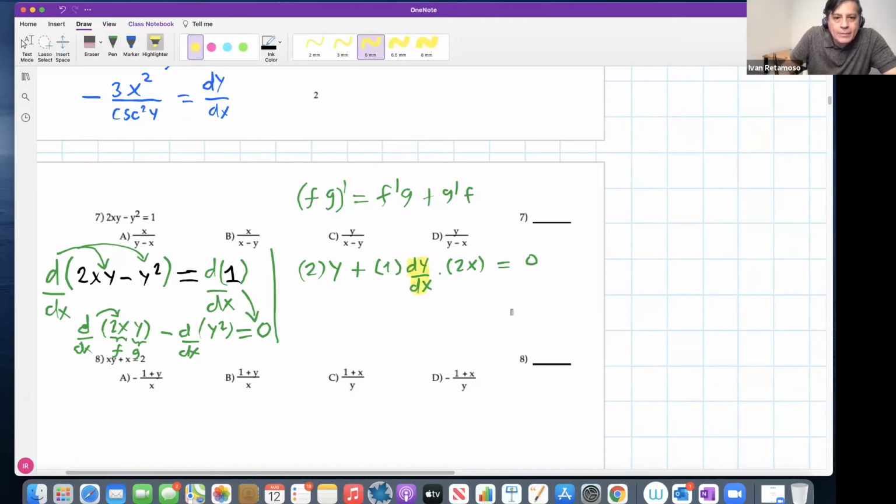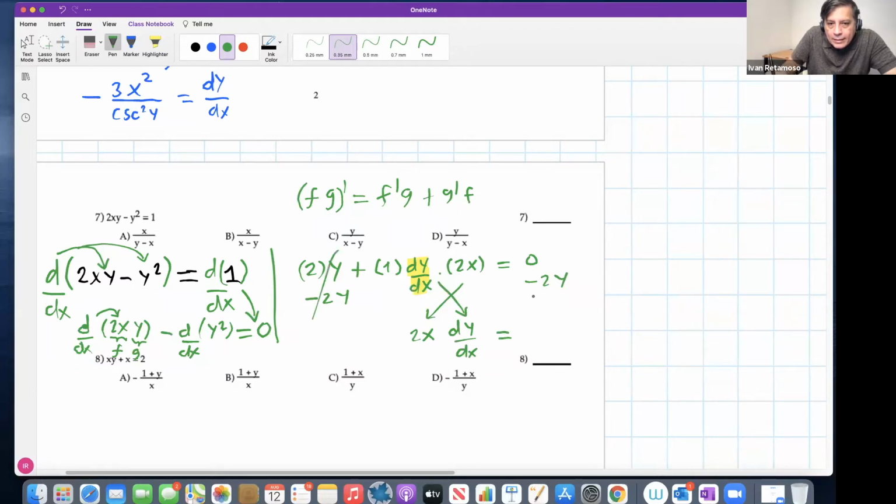Now I have to isolate this guy, get this by itself. So I'm going to move this to the other side by subtracting 2y on both sides. So I get, let me write this here up front, 2x dy dx, just rearranging there. And this is minus 2y, right? Yeah, I think I'm missing the derivative of this guy.